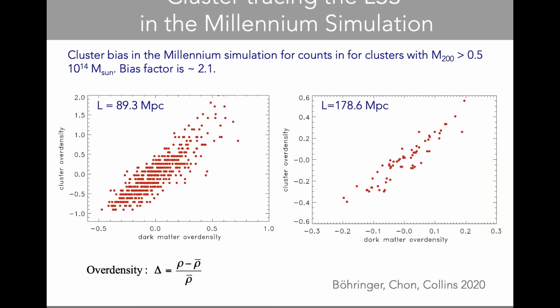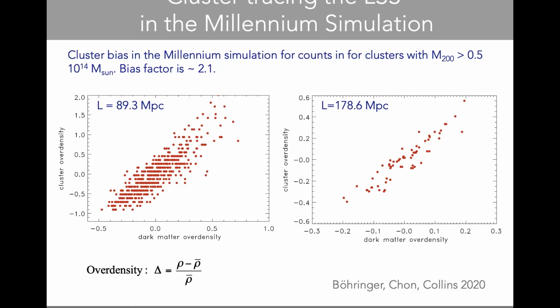We can quantify that a little bit more. We take the simulation and cut out boxes. On the left-hand side, the box has a side length of about 90 megaparsecs. On the right side, the box has a side length of about 180 megaparsecs. We plot the overdensity of the dark matter on the x-axis, and the overdensity in the number counts of galaxy clusters on the y-axis, and we can see that there is a nice correlation.